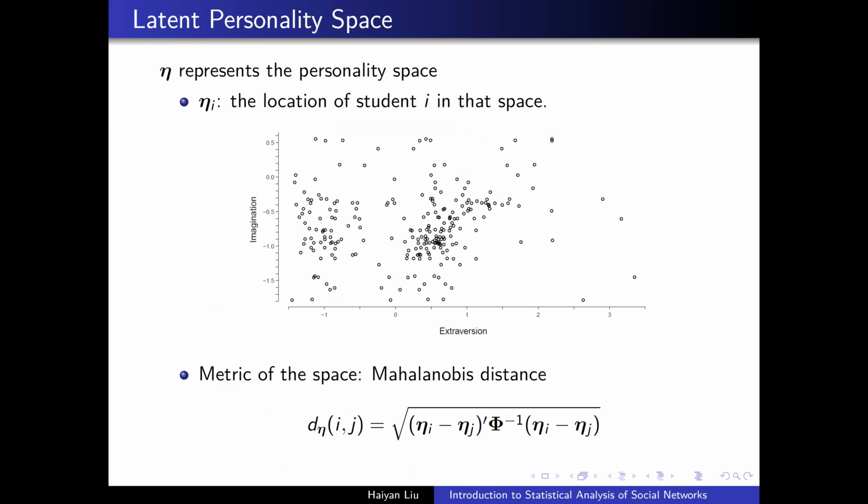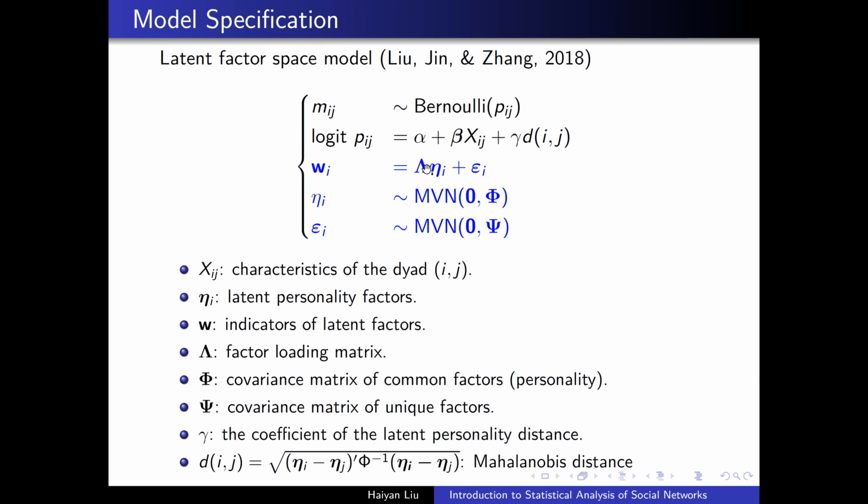Here we use an example to illustrate the latent factor space and the distance between two students in that space. When we fit the latent factor model, we fit a confirmatory factor model, and in addition to the model parameters such as the factor loading estimates and the covariance matrix estimates, we can also obtain the factor score estimates, eta hat.